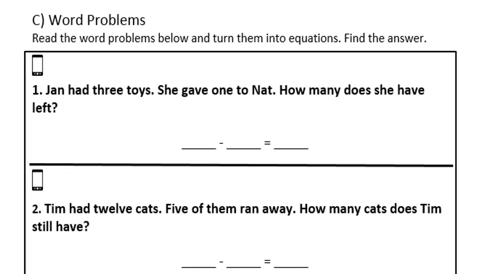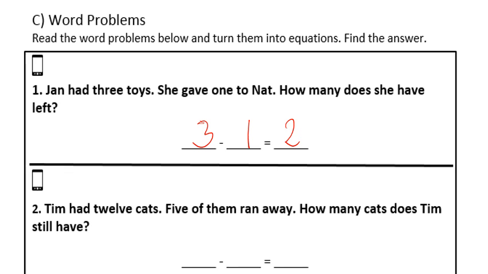Okay. Part C, word problems. Read the word problems below and turn them into equations. Find the answer. So who wants to read the first word problem? Julia? Jan had 3 toys. She gave one to Nat. How many does she have left? So what's my equation here? Excellent. Okay.